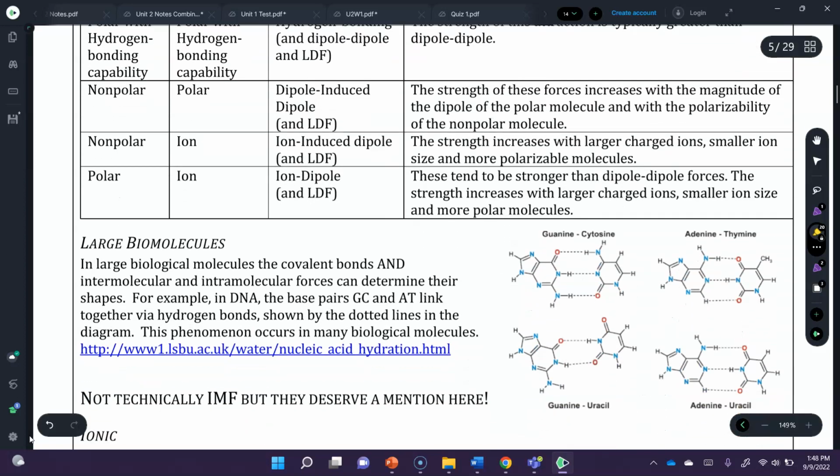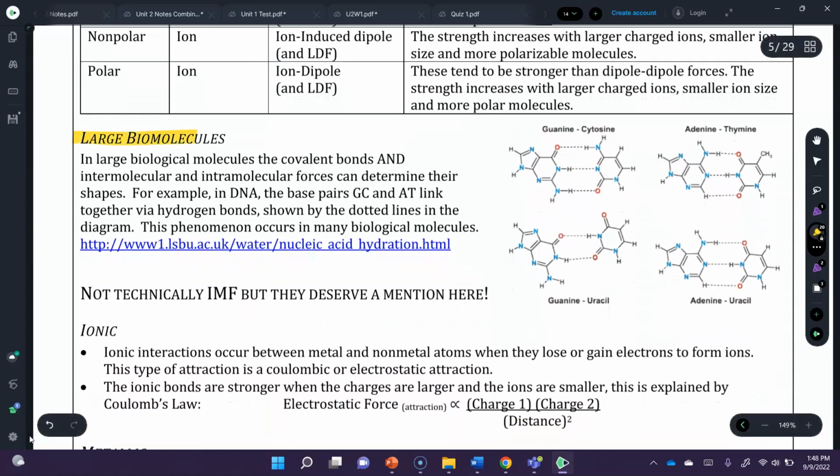So in large biomolecules, like proteins and other macromolecules, the covalent bonds and intermolecular and intramolecular forces can determine their shapes. For example, in DNA, base pairs CG and AT link together via hydrogen bonds, shown by the dotted lines in the diagram to the right.